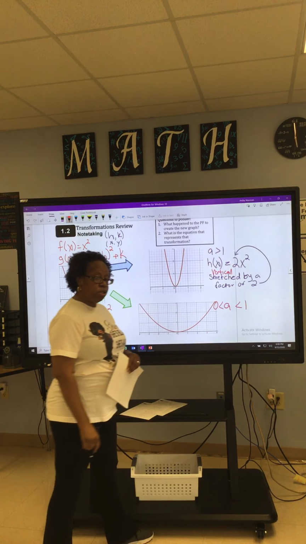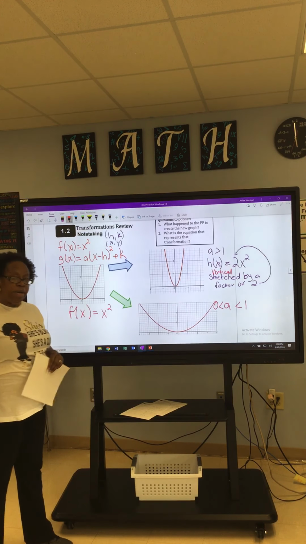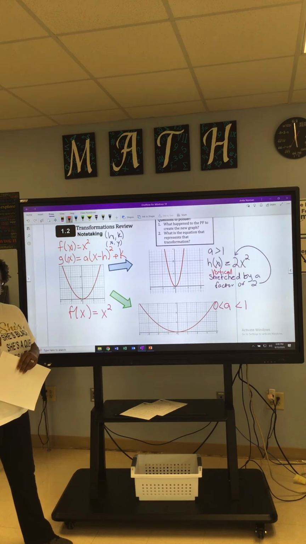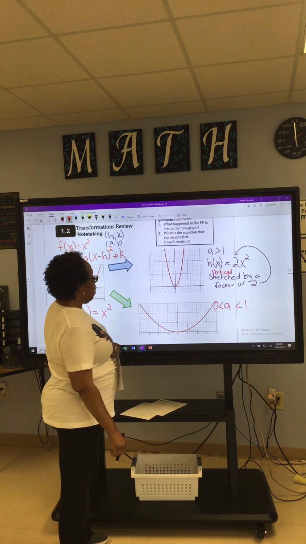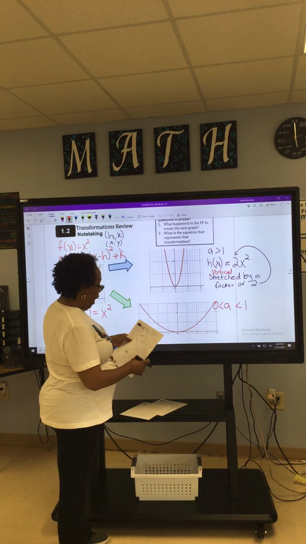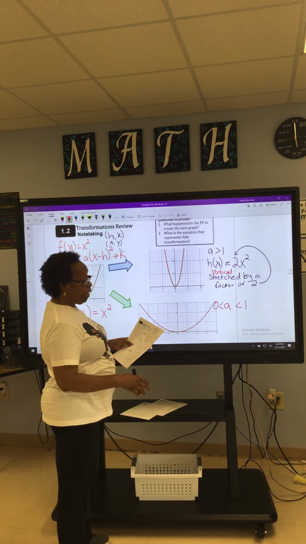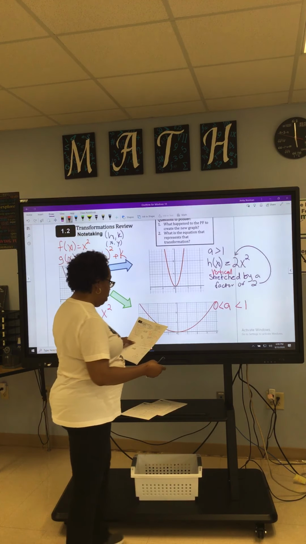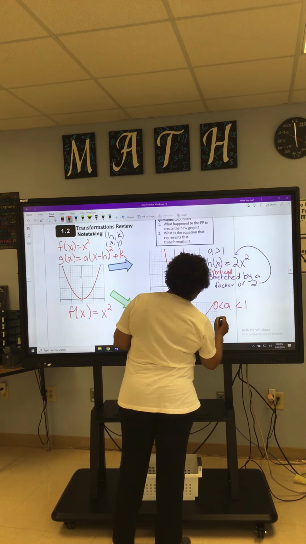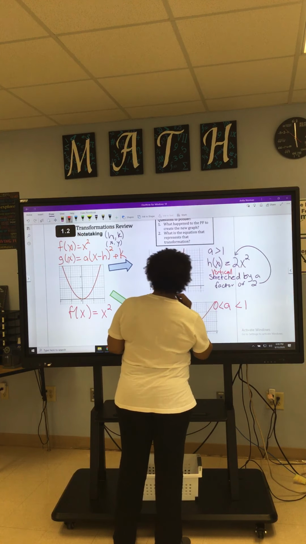So it's a fraction. If a number falls between 0 and 1, it is a fraction, a decimal. Okay? So that's what we have here for our a value. On this particular equation, we have a shrinkage, a vertical shrink also. All right? So we want to say that, let's see, I have an h of x.